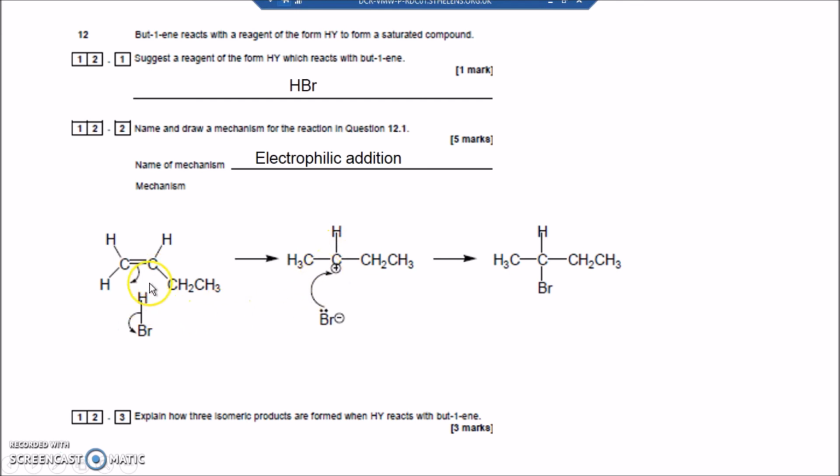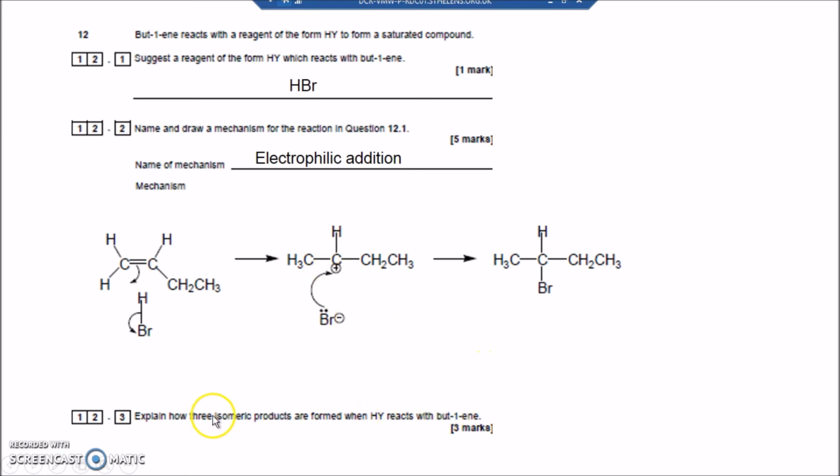However, the H could bond to this other carbon and form a plus here, so the plus could be on this carbon instead, and the Br could join onto that, and it would create 1-bromobutane, so it could end up as a position isomer of this. But it's less likely to do so. It's a minor product, so it will do it to some extent, but not as much, because that primary carbonium ion will be less stable than the secondary carbonium ion.